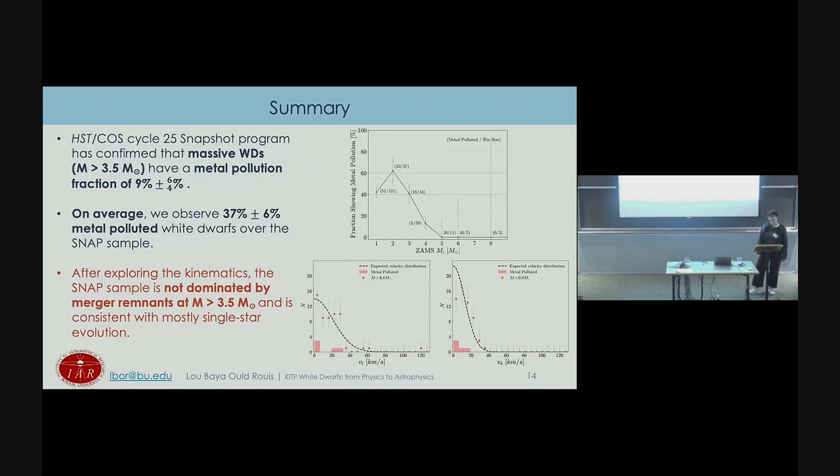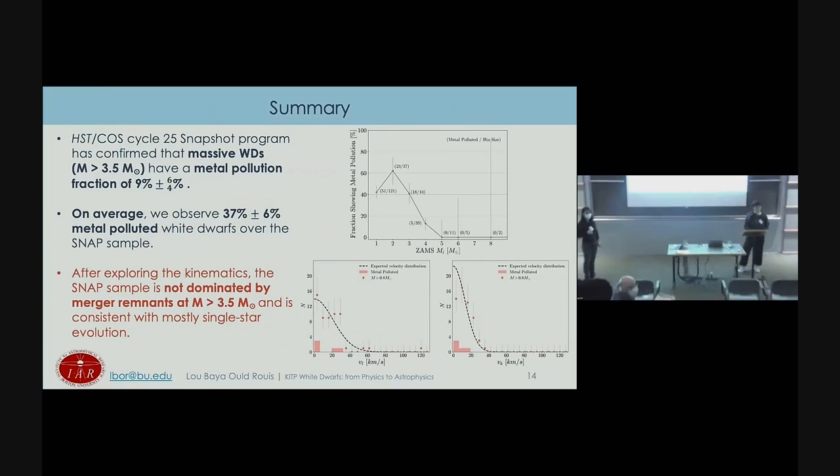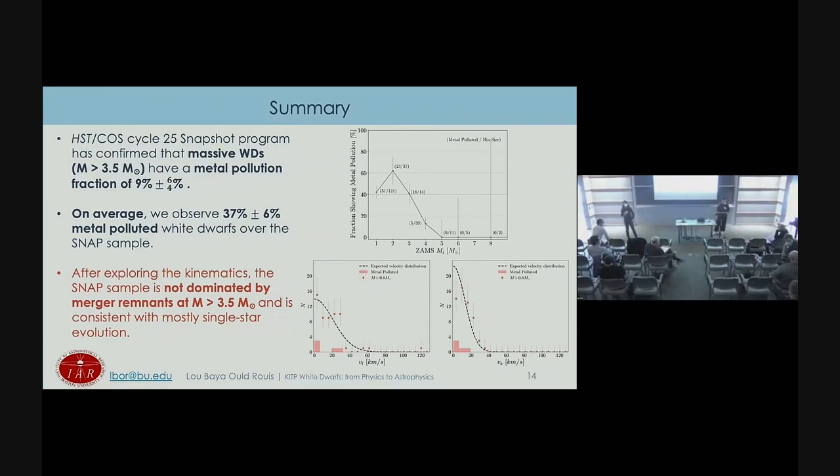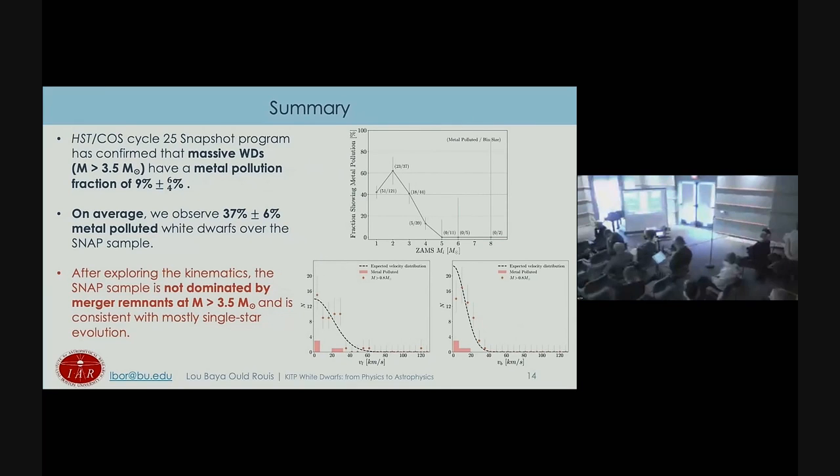Other questions? Yeah. This is kind of related to his question, but I'm not an observer, so do you have a rough estimate of the temperature span that your sample covers? Yeah. Let me put it back up.